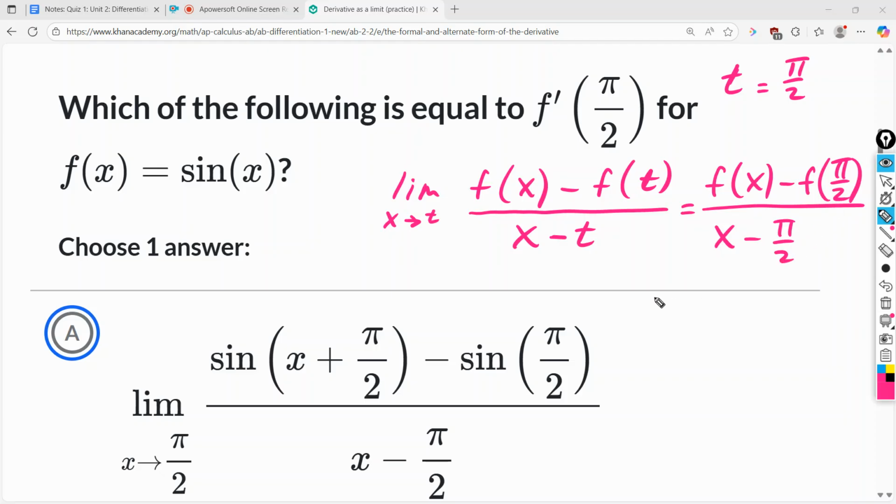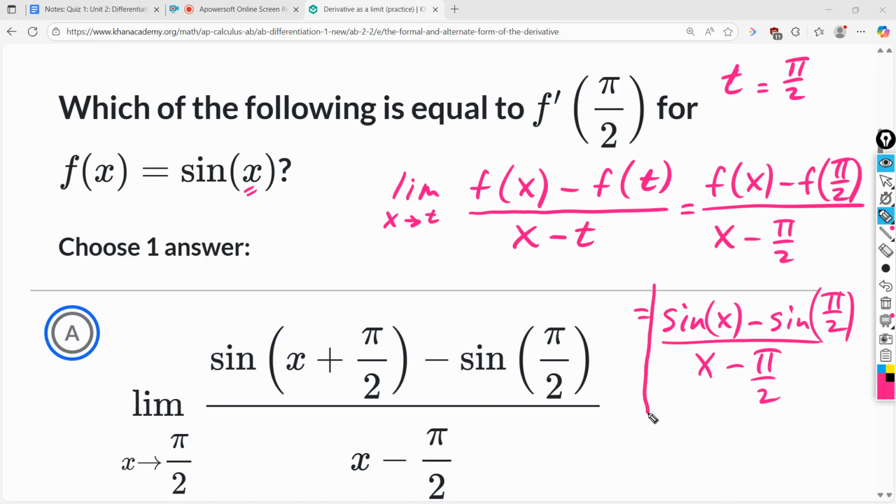All right, and f of x is sine x. That was given. f of pi over 2 means you just plug in pi over 2 right there. So it's going to be the sine of pi over 2. And on the denominator, it's just x minus pi over 2.